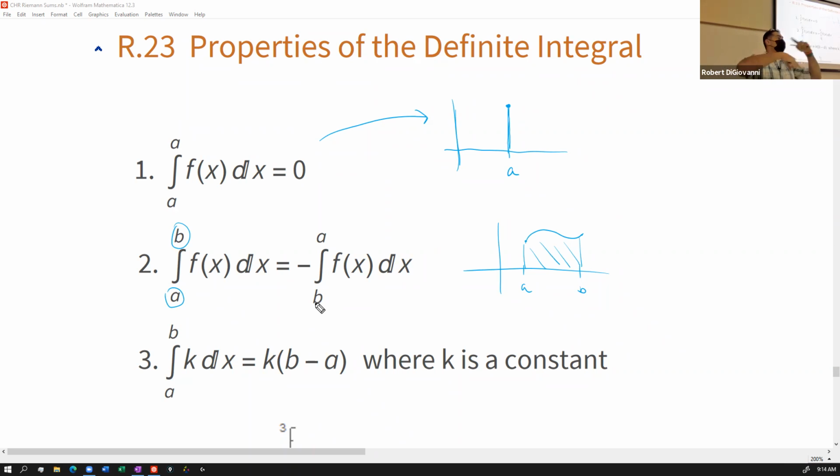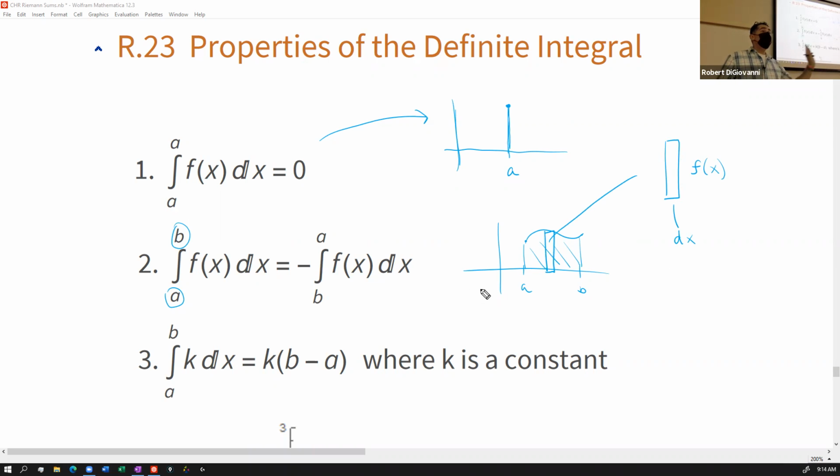In other words, if you reverse the direction, you get the opposite answer. The reason goes back to the idea of dx. If we look at the rectangle in here, the height of the rectangle is f of x and the width is dx. It's how wide this thing is.